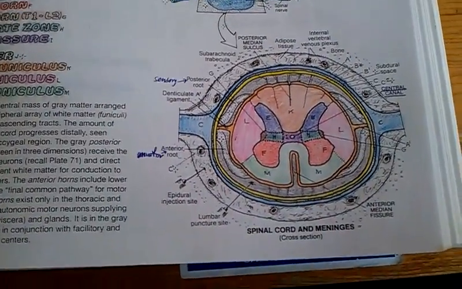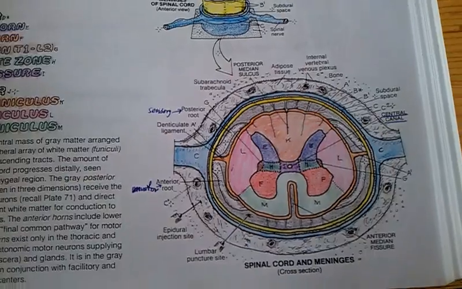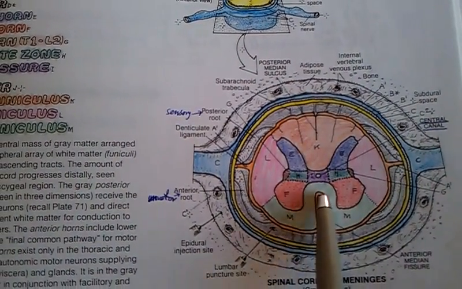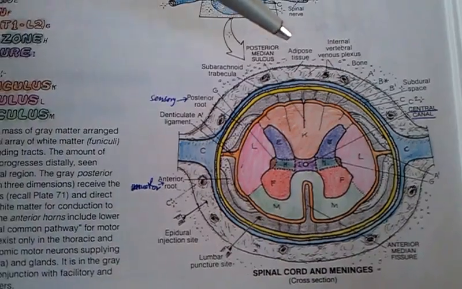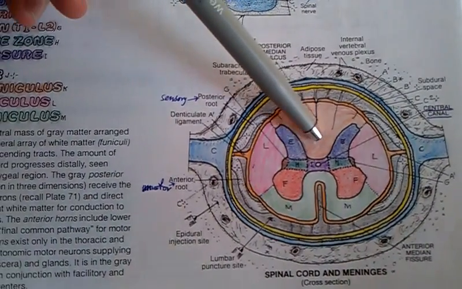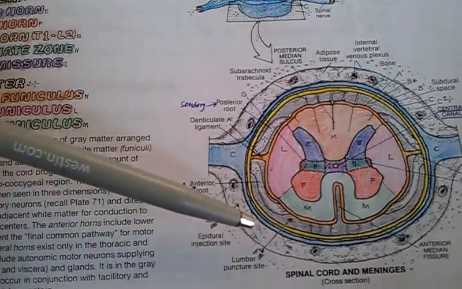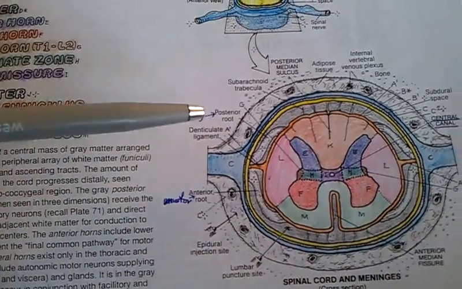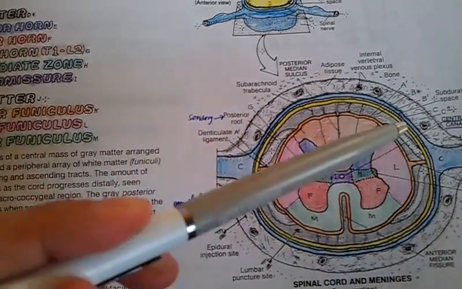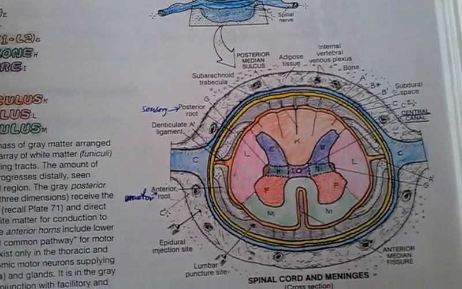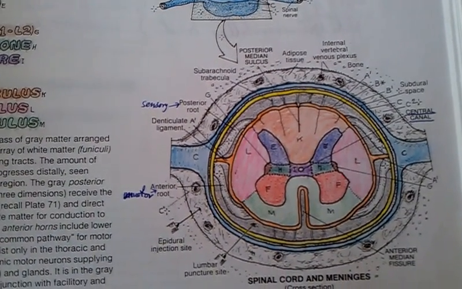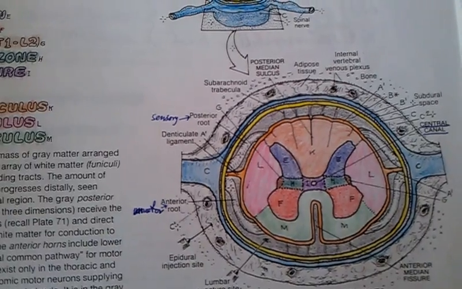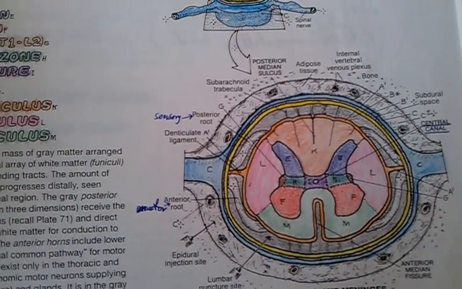The external structure of the spinal cord: you have the anterior median fissure and posterior median sulcus. Anterolateral sulcus is around here, and posterolateral sulcus, which is around here and here. The sulci divide the white matter of the spinal cord into the funiculi.